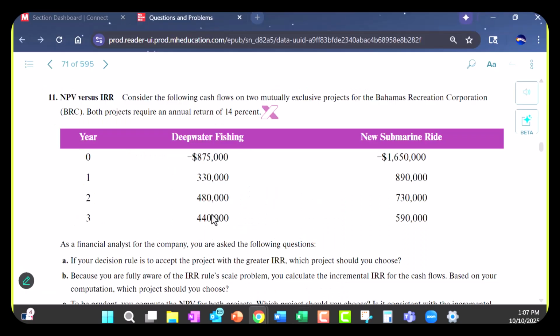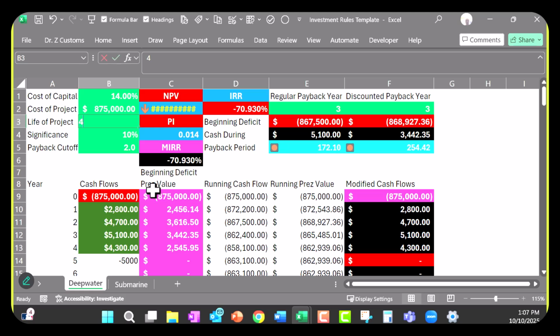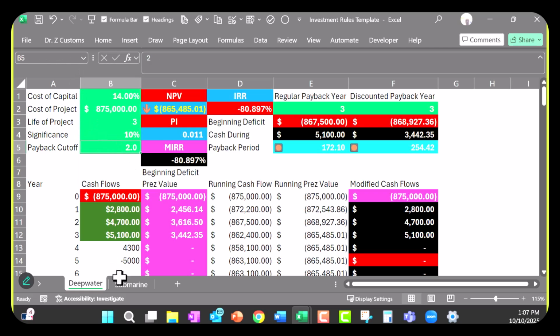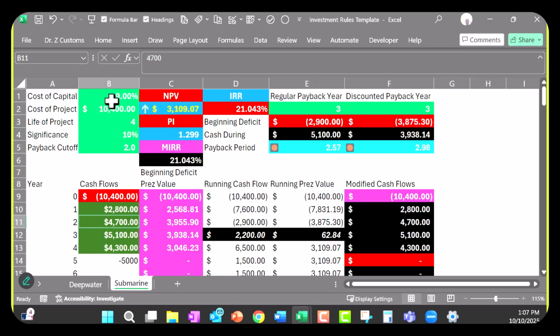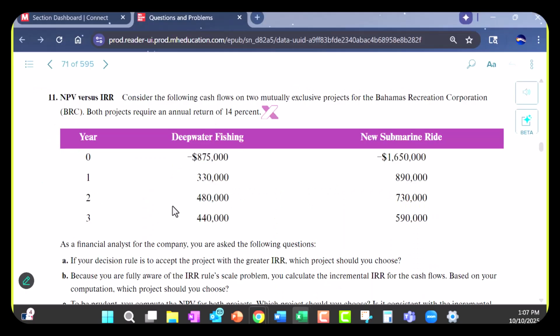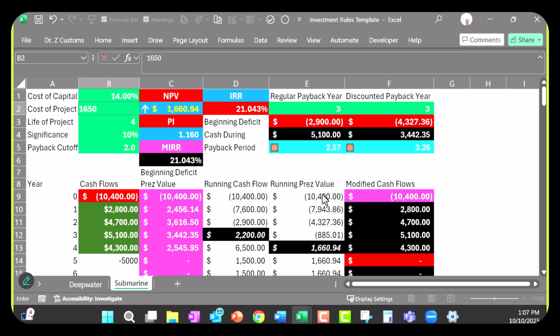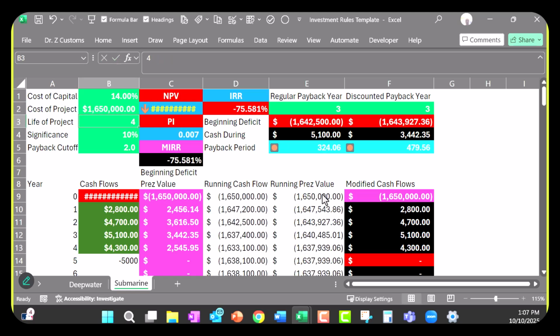It has cash flows for 3 years. Ignore that part. And for now, ignore that part as well. Let's do the same thing for the submarine. 14%, 1650, 3 years.